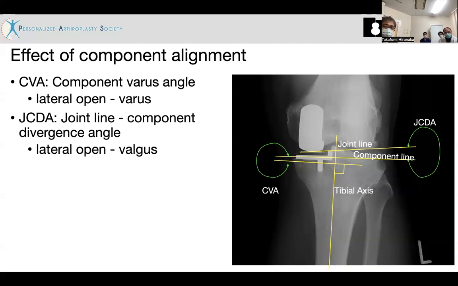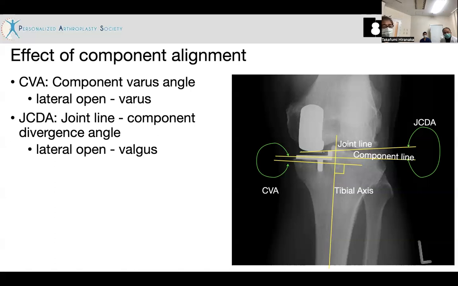What is the difference? As I said, UKA is already kinematic alignment because both medial and lateral joint lines should be the same as the normal joint. But the difference is the inclination of the component. I think the component should be parallel to the joint line.